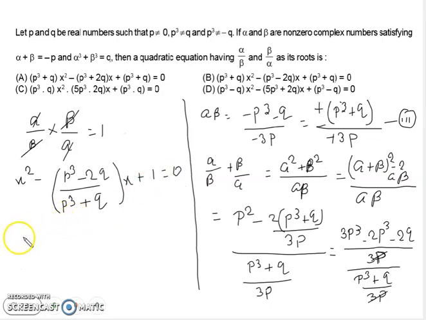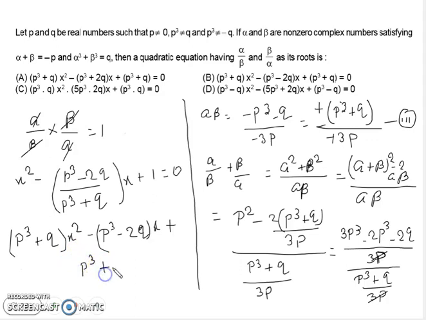And after taking the LCM you will get the equation p cube plus q into x square minus p cube minus 2q into x plus p cube plus q is equal to 0.